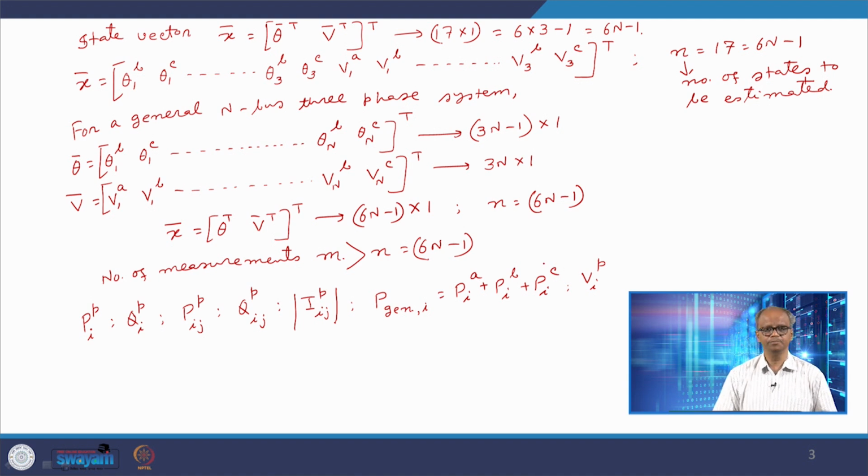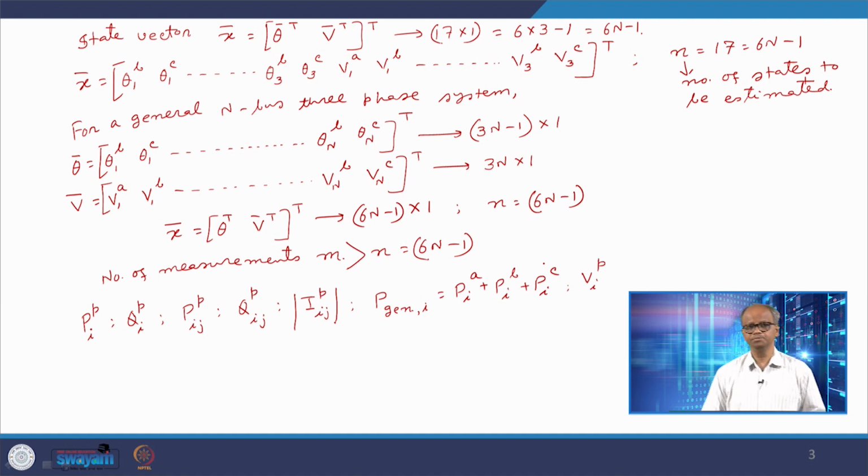VIP and theta IP we have already defined. What is PIP? PIP is the injected real power at the pth phase corresponding to the ith bus. QIP is the injected reactive power at the pth phase corresponding to the ith bus.